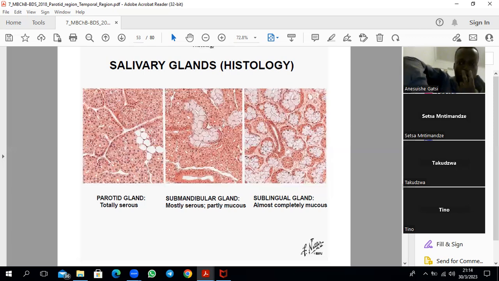Mucus is what you call madziwa, right? So submandibular is a mixed salivary gland, but it's mostly serous, but there is a bit of mucus there. Sublingual, it's a mixed gland as well, but it's mostly mucus.